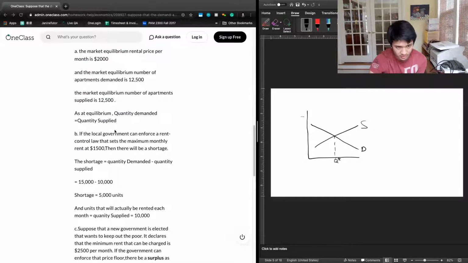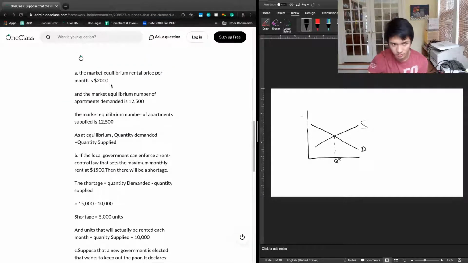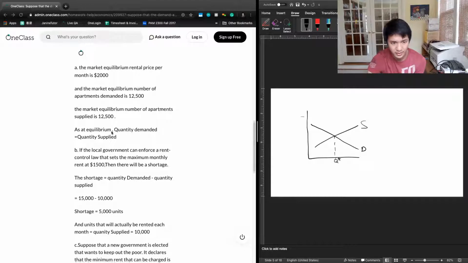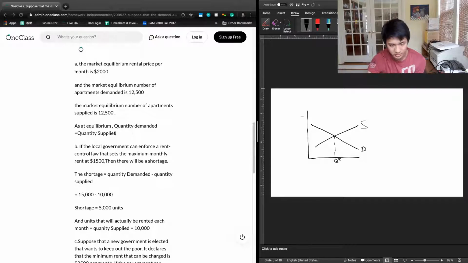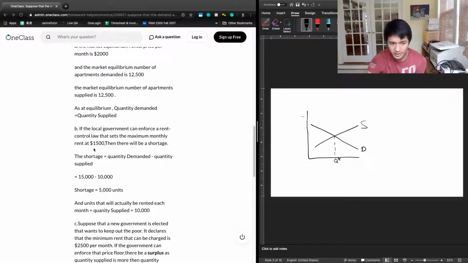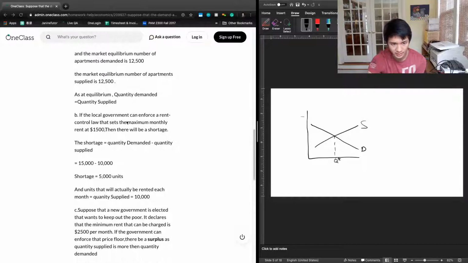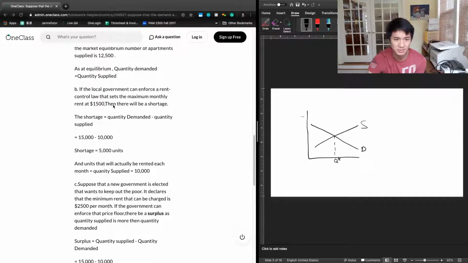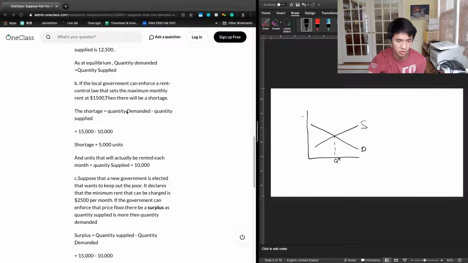Let's take a look at what the previous tutor said. The previous tutor said for A that the equilibrium price is 2,000 and the equilibrium number of apartments demanded is 12,500, and that the equilibrium number of apartments supplied is also 12,500, because at equilibrium, quantity demanded is equal to quantity supplied. Great. Next, it says that if the local government can enforce a rent control law that sets the maximum monthly rent at $1,500, then there will be a shortage.